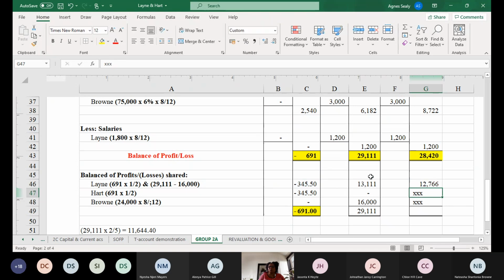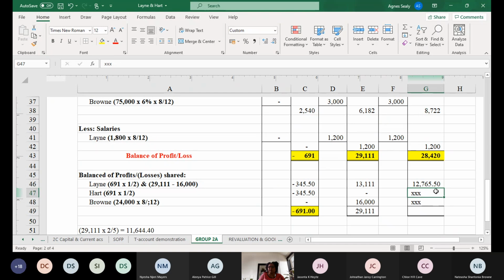So that means the total profit, and I'll put on decimals from this figure here. The total profit for Layne is $12,765.50. Because remember, in the current account, you cannot record a loss and a gain at the same time for the person.